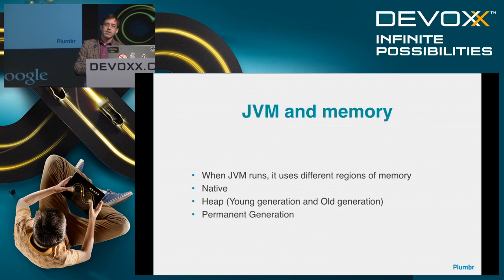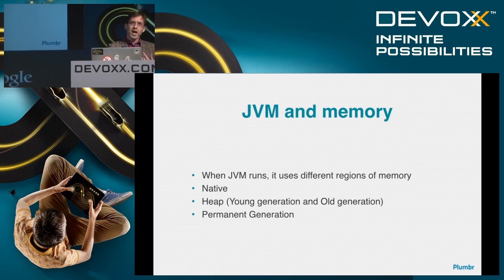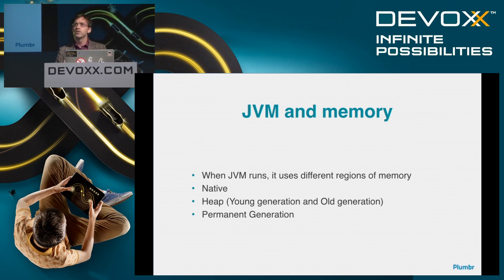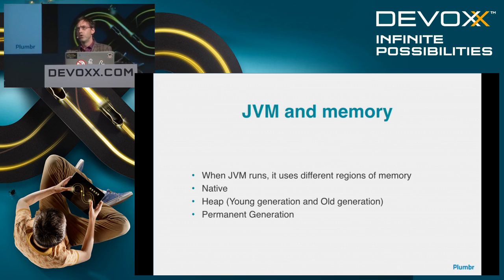And next, JVM divides that process memory into different regions. Everybody knows that. We have the heap with different regions, which is further divided into young generation, old generation, survivor space, Eden space, etc. And we have permanent generation.